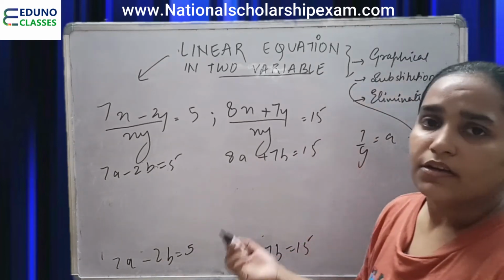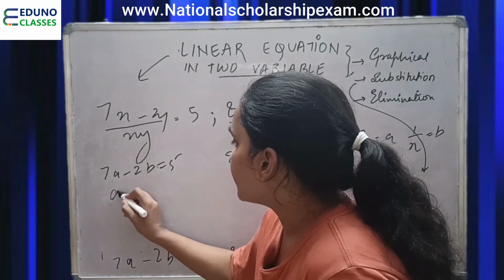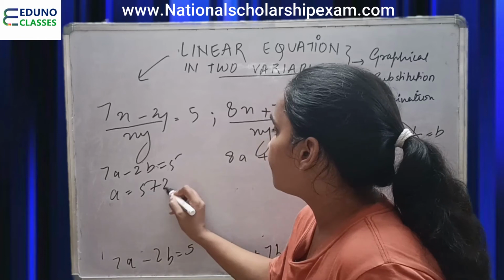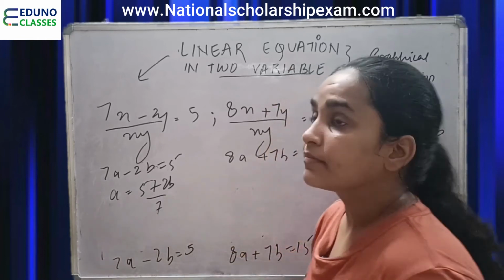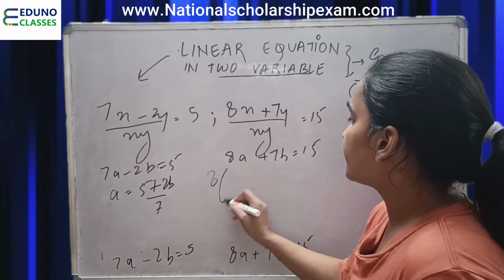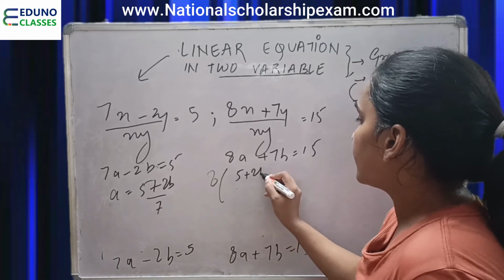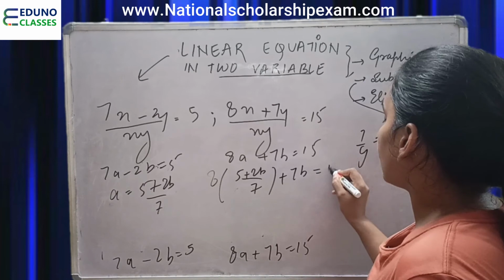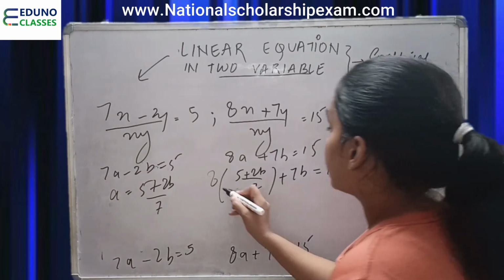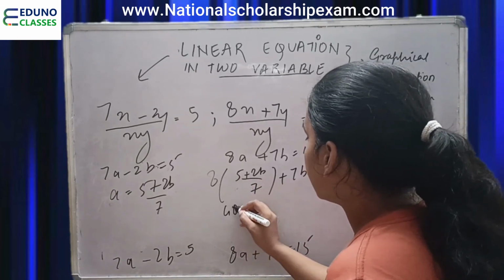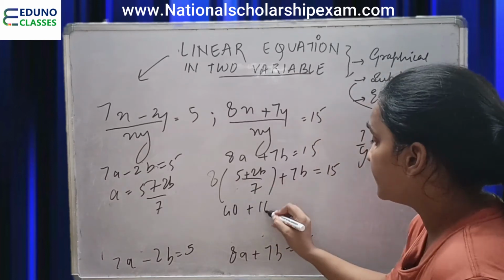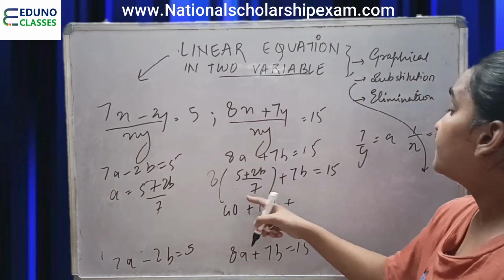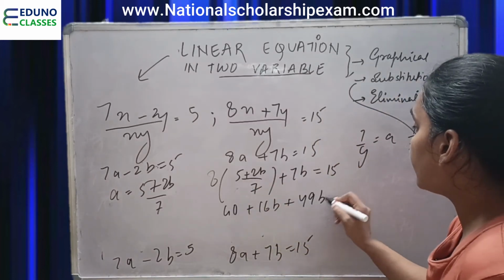Now solve this like a normal substitution. What is a? a is (5 plus 2b) by 7. So here I have to replace it: 8 times (5 plus 2b) by 7 plus 7b is equal to 15. 40 plus 16b. LCM is 7, so this will become 49b.